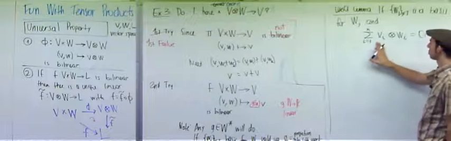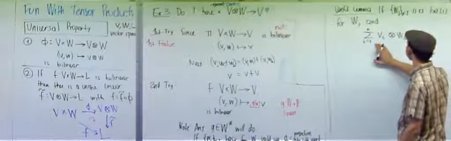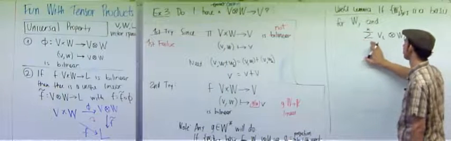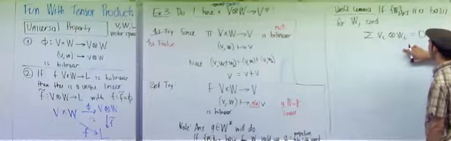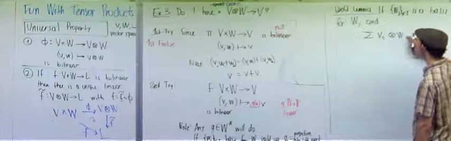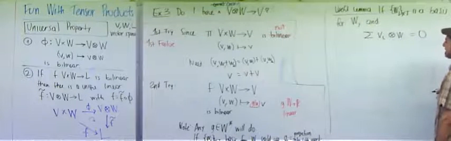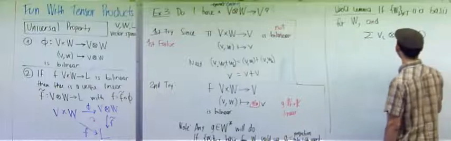Let's say the vector spaces are finite dimensional. I hate putting subscripts on subscripts, but I guess I'll do that.